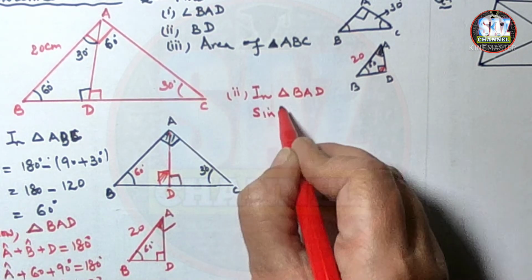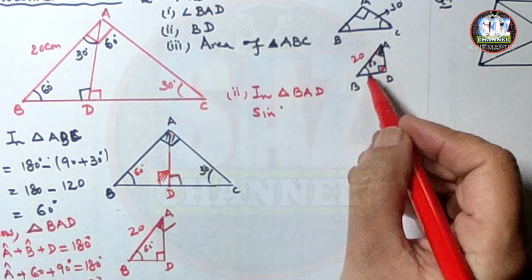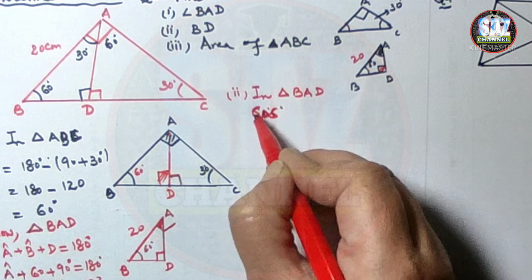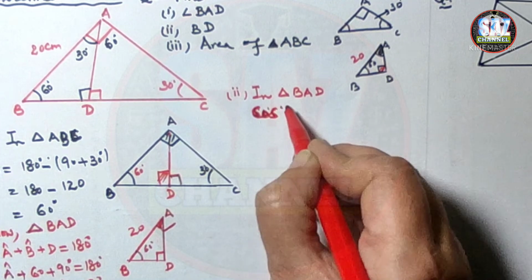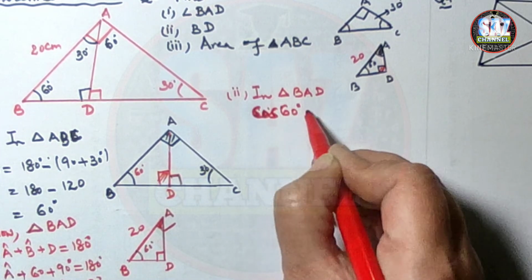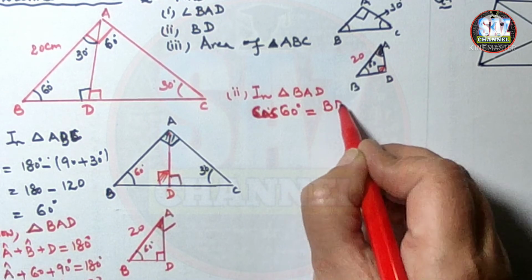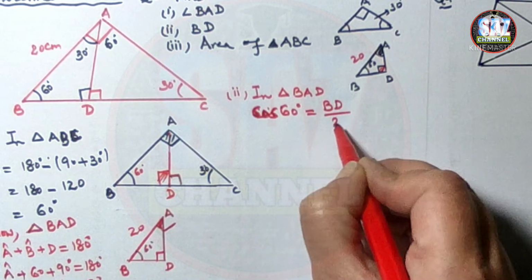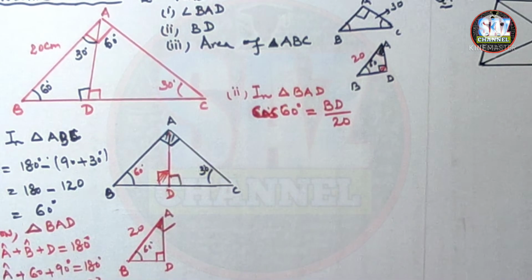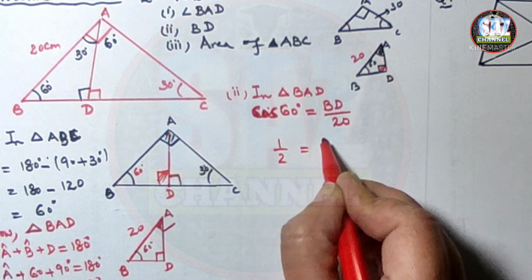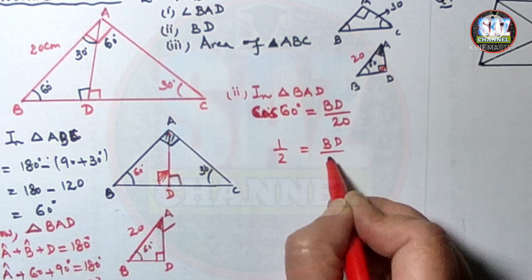Adjacent involves cos 60 degrees, cos 60 degrees equals BD upon 20. And cos 60 degrees is, I hope, 0.5. So 1 by 2 equals BD by 20.